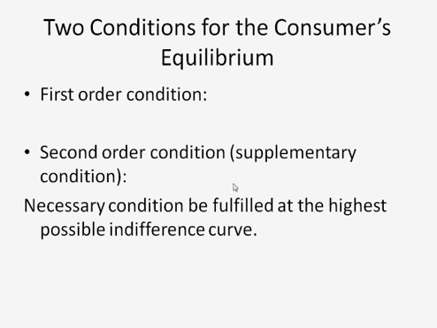The second order condition is the supplementary condition, which requires that the necessary condition be fulfilled at the highest possible indifference curve. Now let's see how a consumer reaches his equilibrium under the ordinal utility approach.